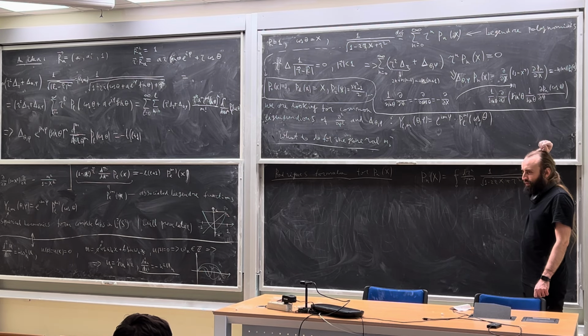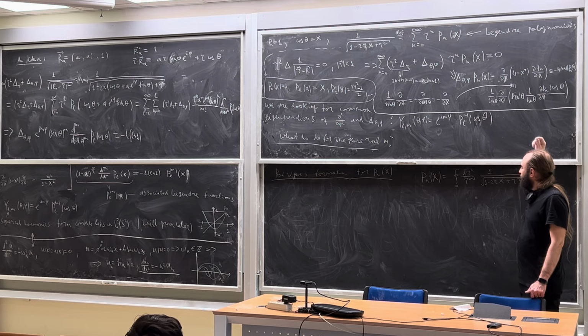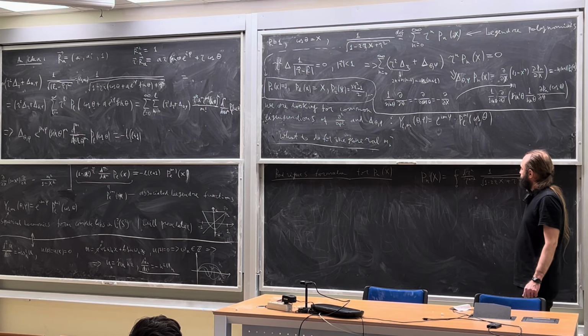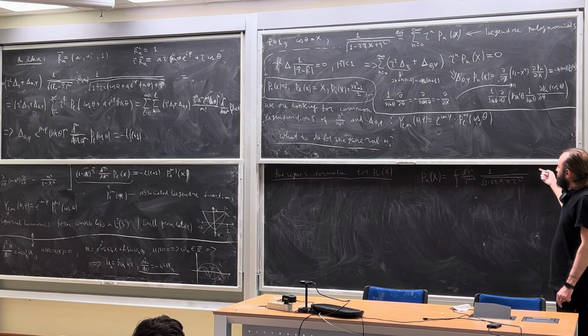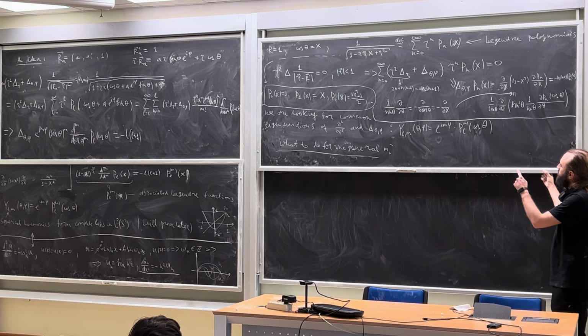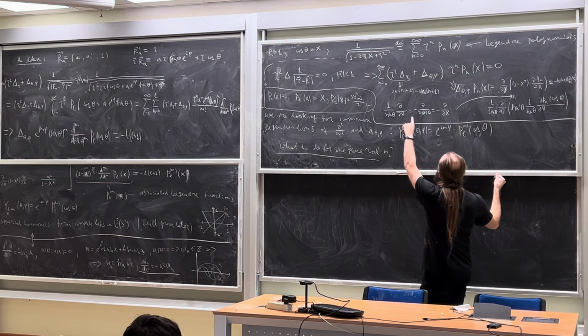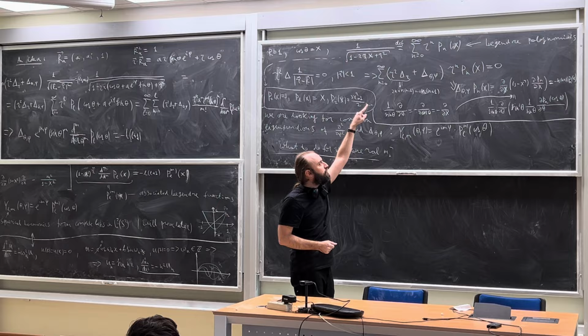Did I miss something in this formula? What should we do to this formula so that it starts giving us the nth term of this expansion?